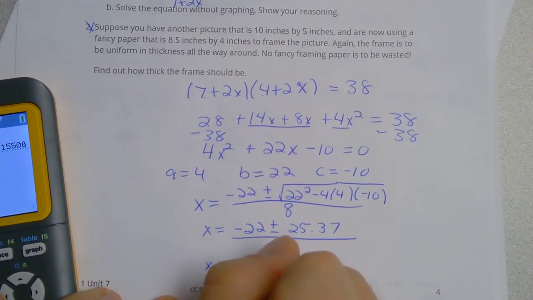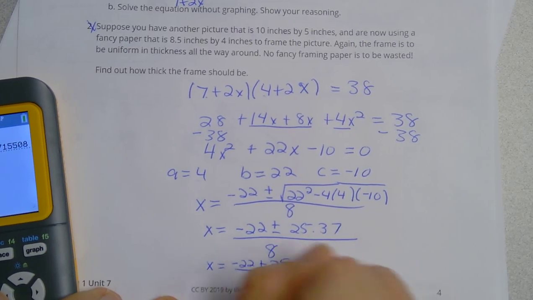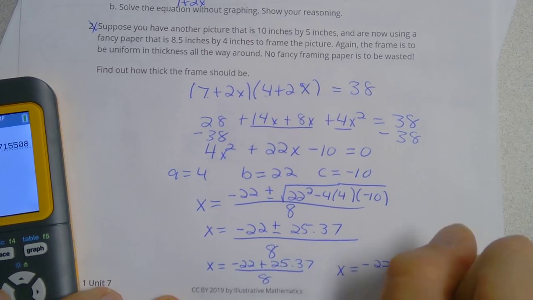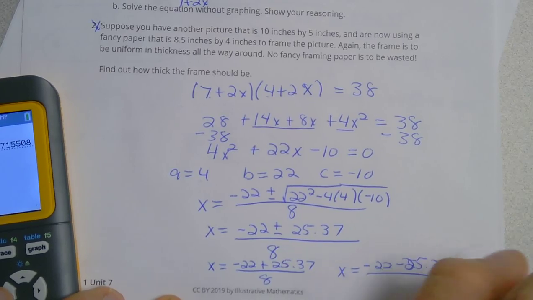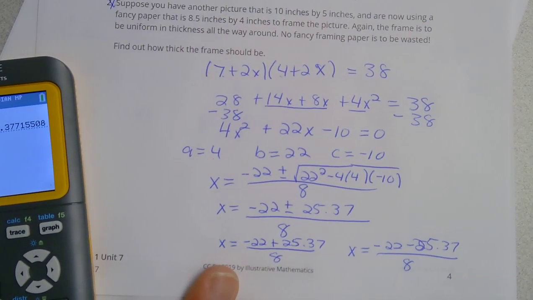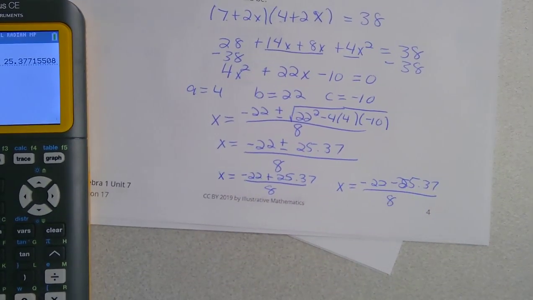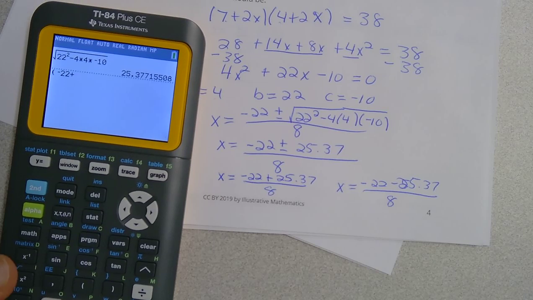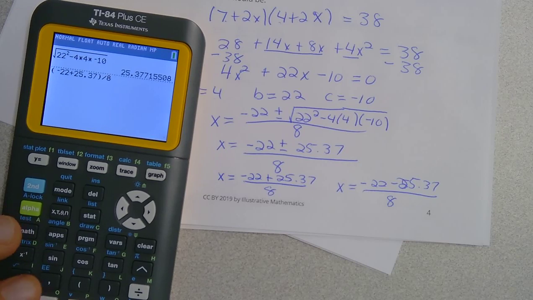So then I'm going to calculate my 2 possibilities. So x equals negative 22 plus 25.37 all over 8. And x equals negative 22 minus 25.37 all over 8. So now calculating those 2 possibilities, we go negative, and I need my parentheses. So parentheses negative 22 plus 25.37 all divided by 8.